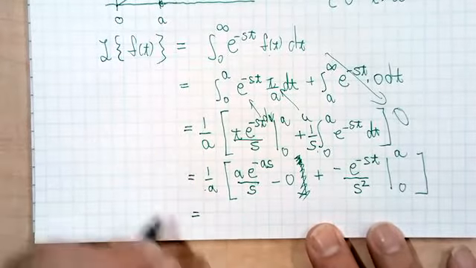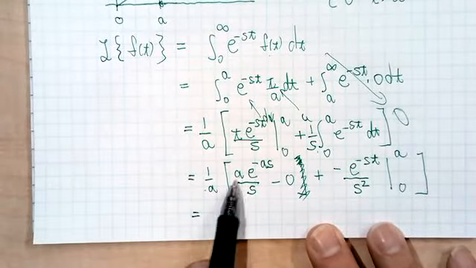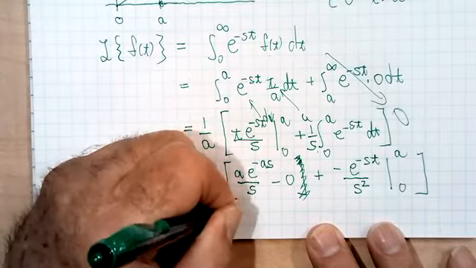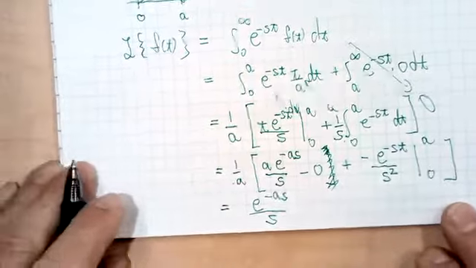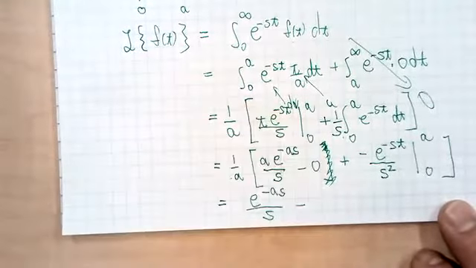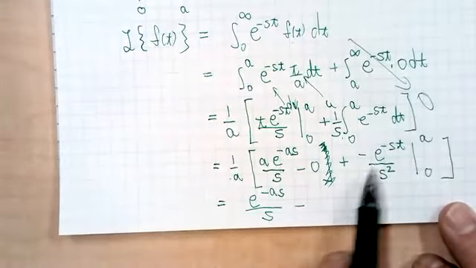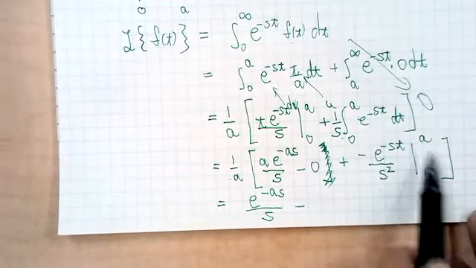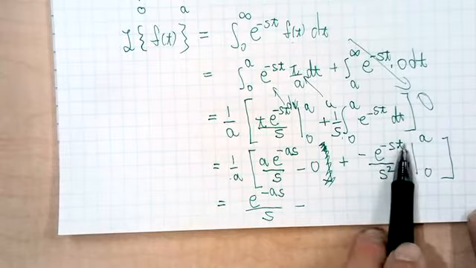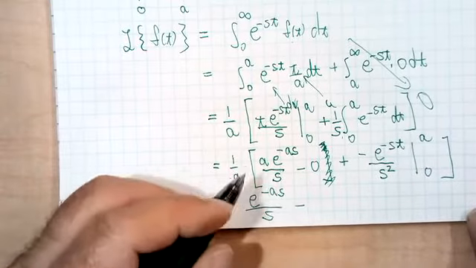Okay, well, this one is easy. That a and that a cancel out. So I've got e to the minus as over s. And this one, I just have to figure out what this looks like and not lose track of the 1 over a. All right, at a, I've got e to the minus as over s squared, but it's negative.